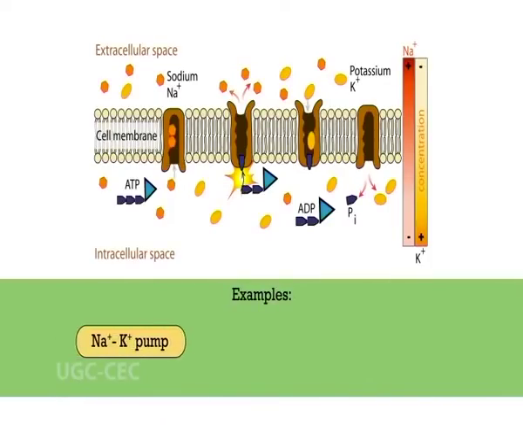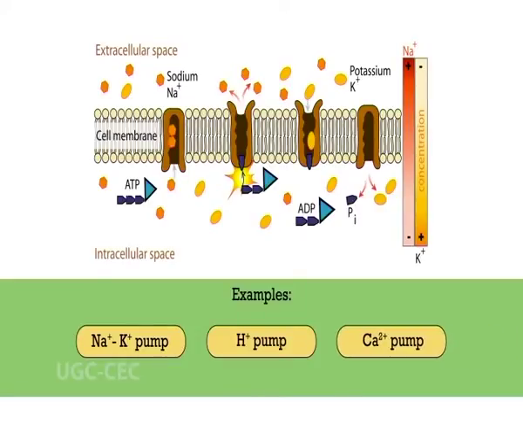The overall reaction of ATP hydrolysis and the uphill movement of ions or small molecules is energetically favorable. Examples are the sodium-potassium pump, the hydrogen pump, the calcium pump, etc.